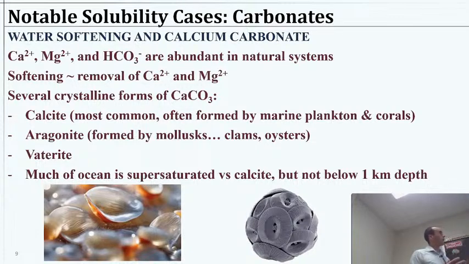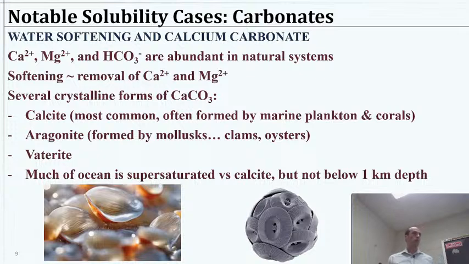We've got calcium and magnesium, both making carbonate minerals, so we're going to take a look at those a little more closely. Each of those is rather abundant in natural systems, especially calcium. Magnesium is often there, just in a little lesser amount. And we have several crystalline forms, so solid forms of calcium that we can consider.